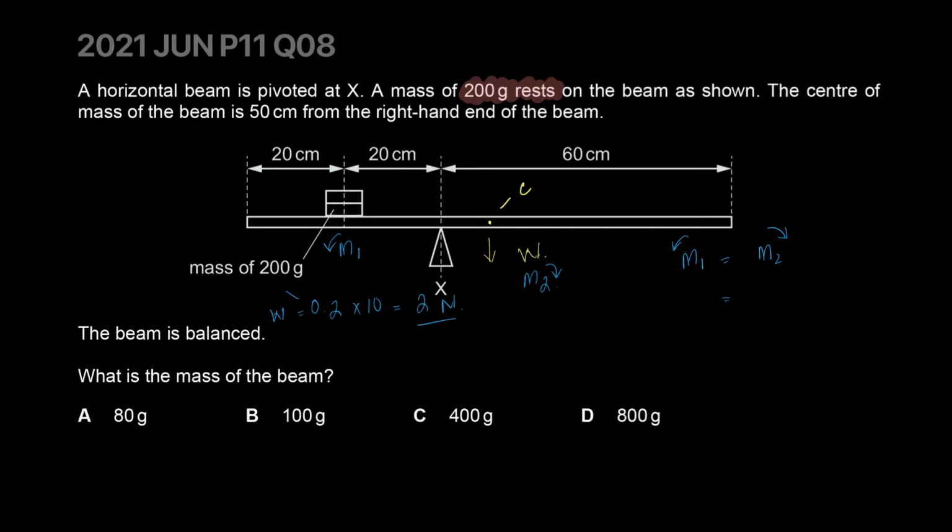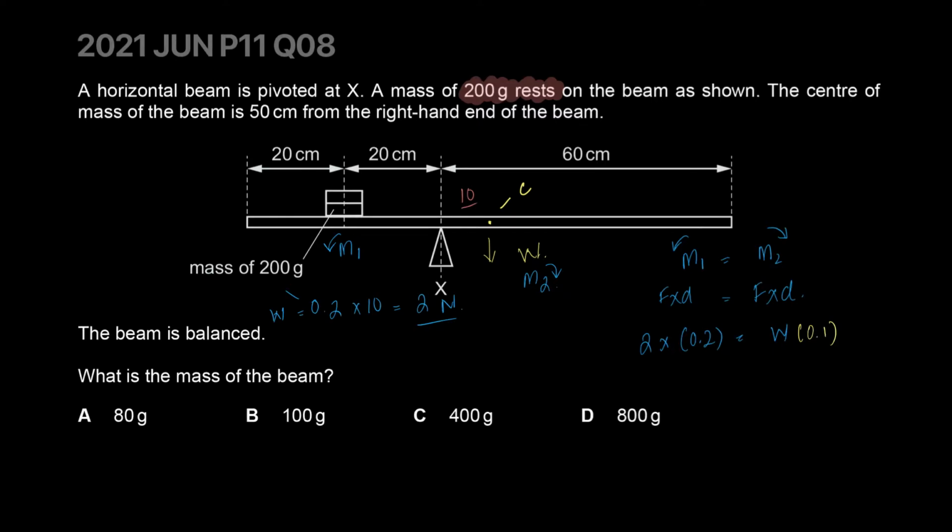So it's 2 newtons, which is F times D equals F times D. This is 2 newtons times 20 centimeters, which is 0.2, times the weight, which is unknown, times the distance. This length is 50, this is 60, so this has to be 10 centimeters, so times 0.1.